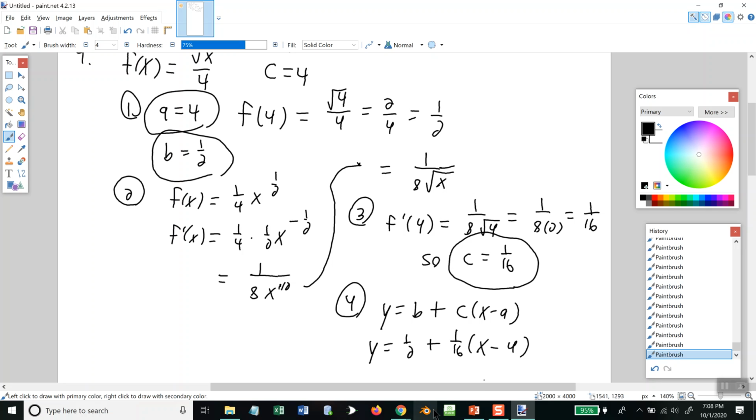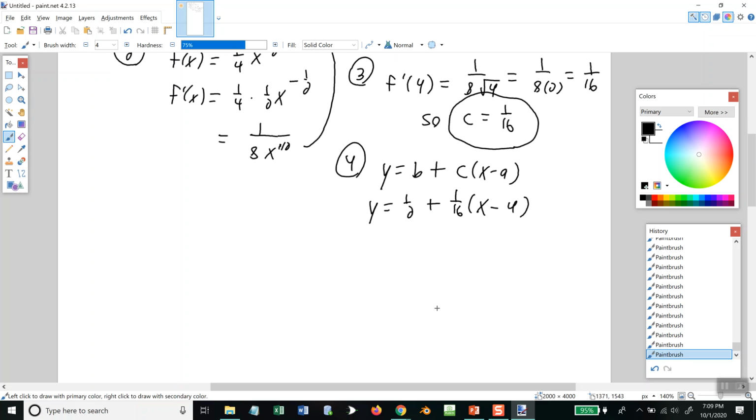Now, nothing really exciting about what we're doing here. This right here is just our initial point, isn't it? When we go through and find the derivative and plug in that x value, we're finding the derivative, the slope, at that point. And our slope is m. So this, if I took the 1/2 over here, is y minus y1 equals m times x minus x1. So that's just the point slope form.